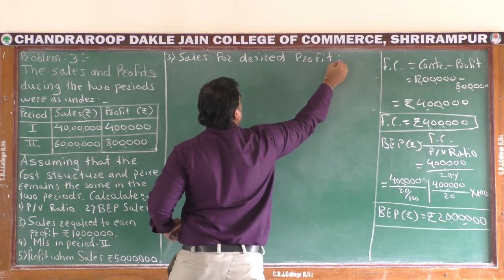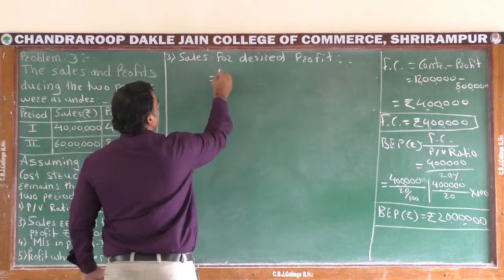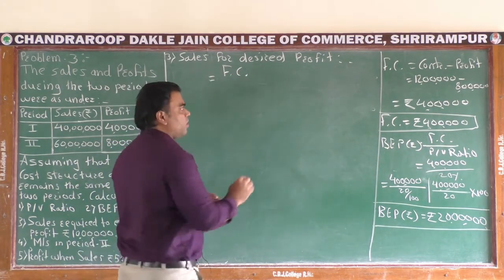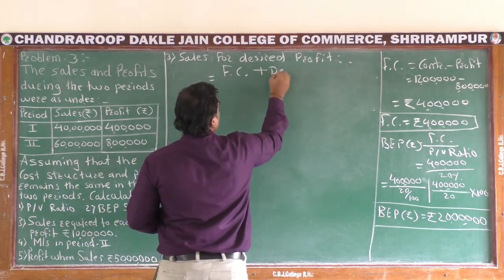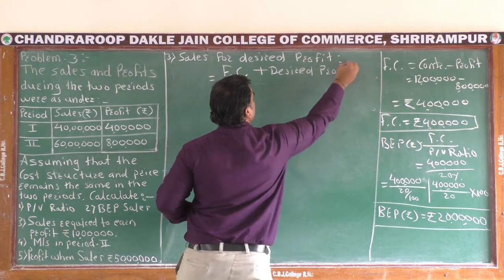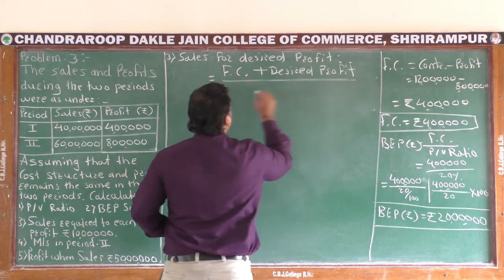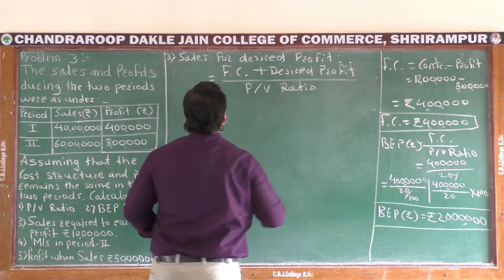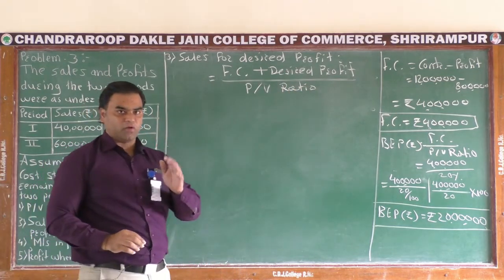What is the formula to calculate the same? Sales for desired profit is equal to fixed cost plus desired profit upon PV ratio. It is the formula to calculate sales for desired profit.